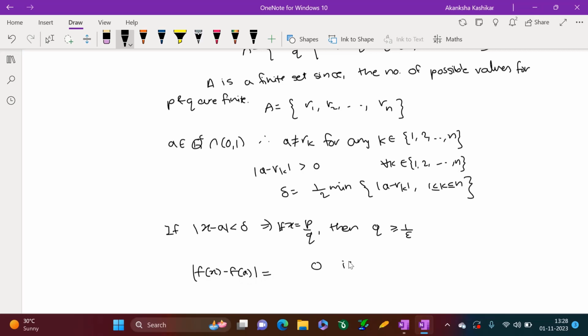It will be 0 if x is irrational, and it is equal to 1 by q, which is less than epsilon, if x is rational. So for those x which are now in the delta neighborhood, mod of f(x) minus f(a) is less than epsilon, and hence we have established that f is continuous at a.